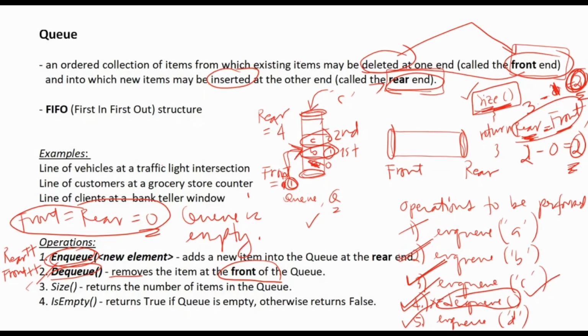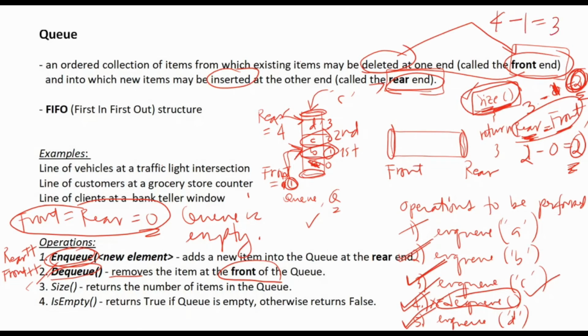And we have in here letter D. Okay, so the rear end now is letter D. And what is the index of D? It is 3. Okay, so at this point, after we insert or enqueue letter D, if we call size, it would return to us rear is 4 minus the front is 1.